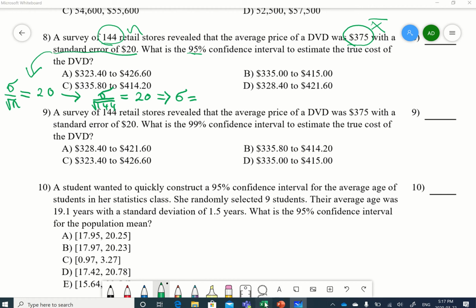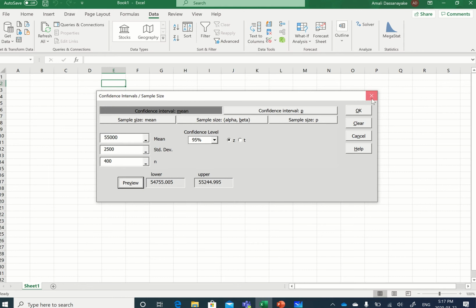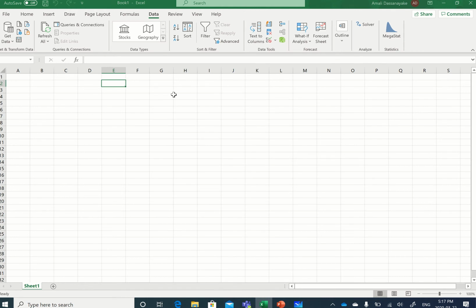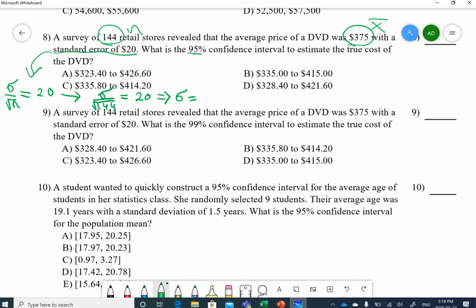So I'm going to do the math in Excel. Equals SQRT of 144 times 20, 240. Okay, so sigma is 240.